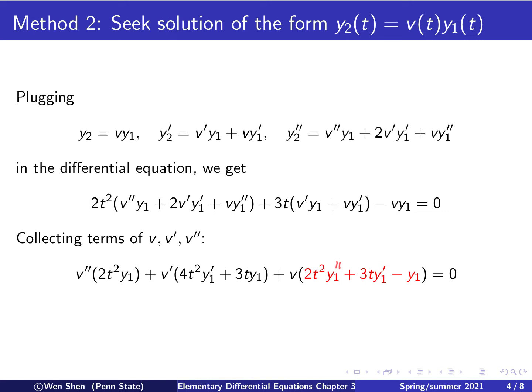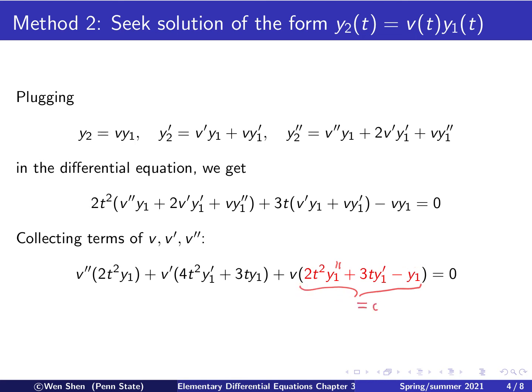So the interesting part here is what I underlined in red. What do you think that term is? You recognize that this is exactly the differential equation where you put y to be y1. So what should this value be? Since y1 is a solution of this equation, this equals 0.